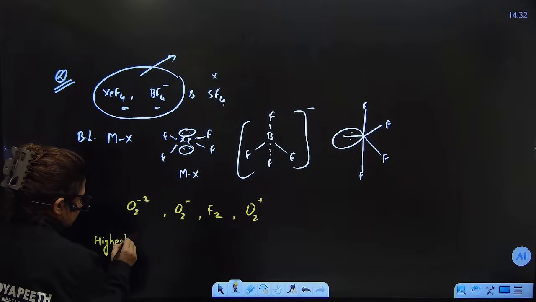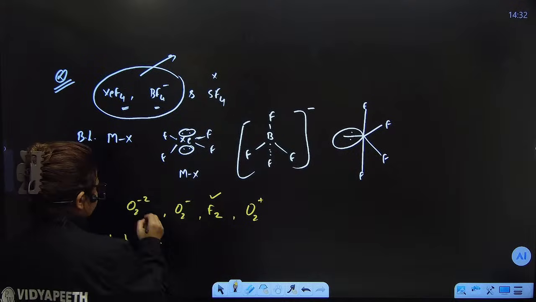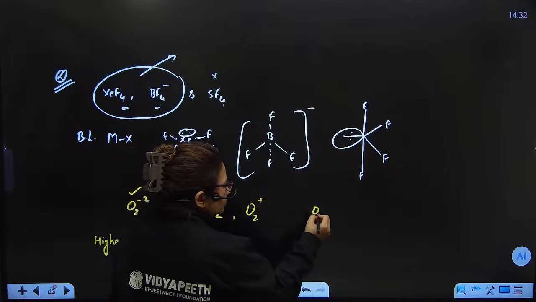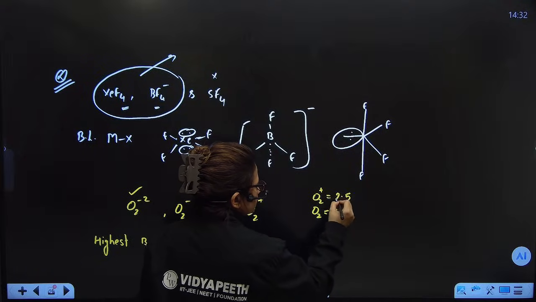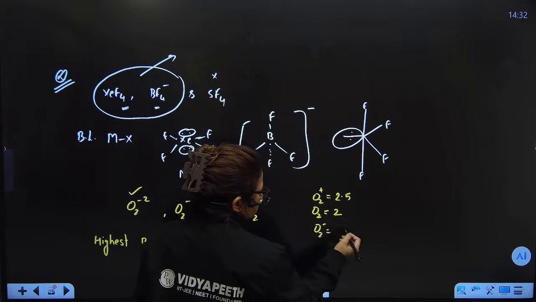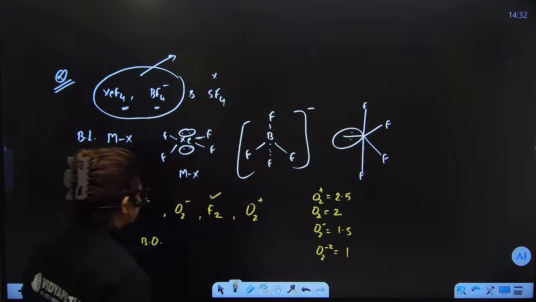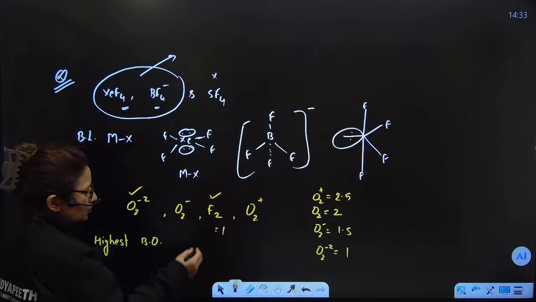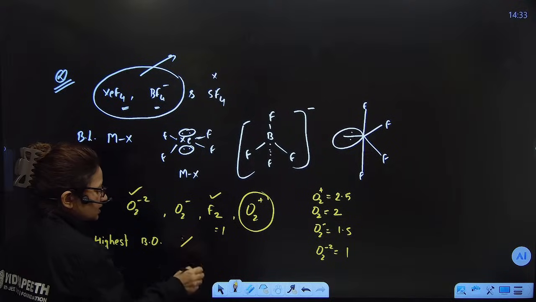So see, we know that O2 bond order is 2. O2 plus is just 0.5 increase. O2 minus is a 0.5 decrease. O2 2- is again a 0.5 decrease. And F2 bond order is 1 only. So obviously F2 does not have the highest one, O2 plus has the highest. So this statement becomes wrong.